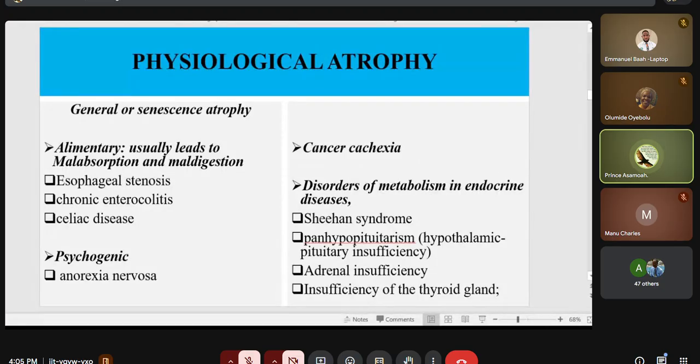For disorders of metabolism and endocrine disease, we can have Sheehan syndrome, panhypopituitarism or hypothalamic pituitary insufficiency, adrenal insufficiency, and also insufficiency of the thyroid gland. These conditions primarily have atrophy underpinning them.